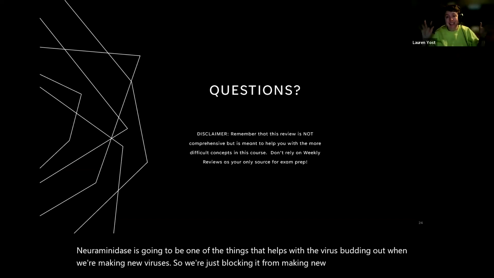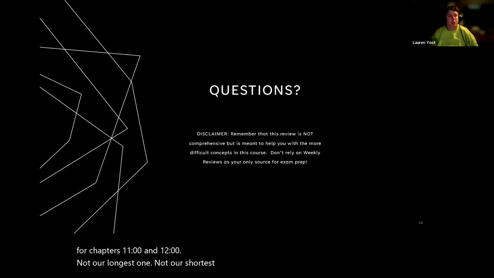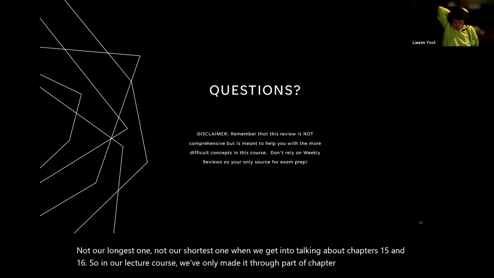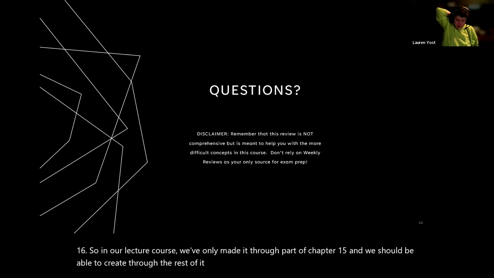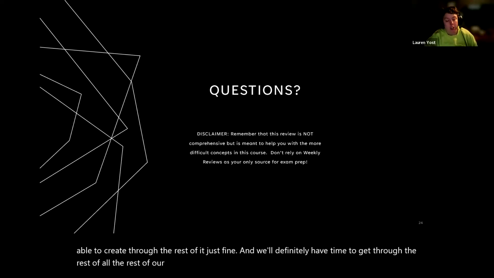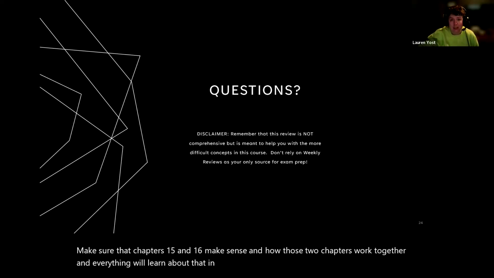All right, that is it for chapters 11 and 12. Not our longest one, not our shortest one. When we get into chapters 15 and 16, in our lecture course we've only made it through part of chapter 15, and we should be able to crank through the rest of it just fine. We'll definitely have time to get through all the rest of our chapters. But for chapters 15, 16, and 17, make sure that chapters 15 and 16 make sense and how those two chapters work together, in order for chapter 17 to make sense.